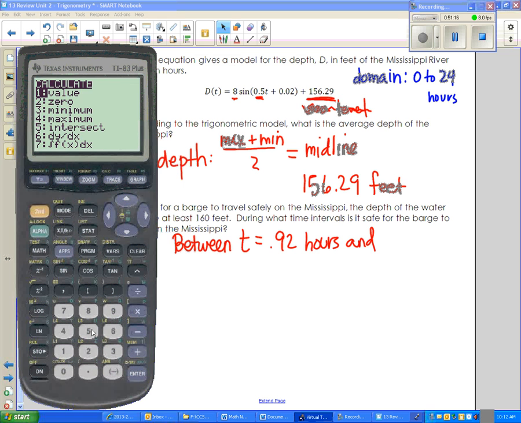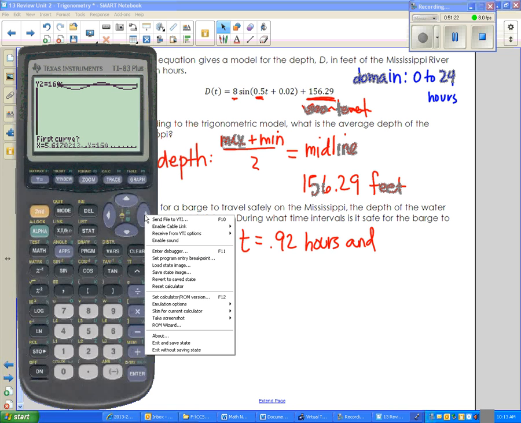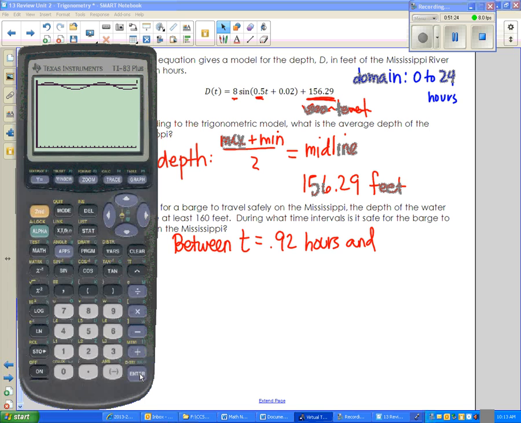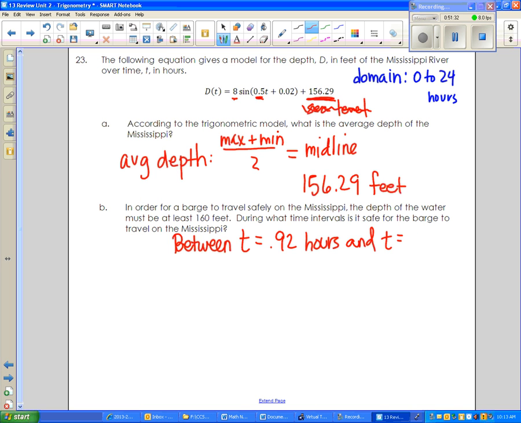If I do the whole process again, I'm going to move my cursor over to that second point of intersection and press enter 3 times. And I can find that that point is at 5.28 if I round. Okay, so it's maybe 5:15 in the morning. There's another time interval though, so I'm going to include that too, in between.